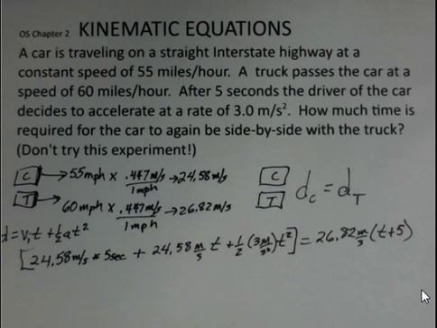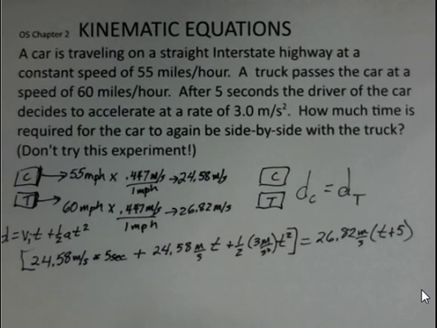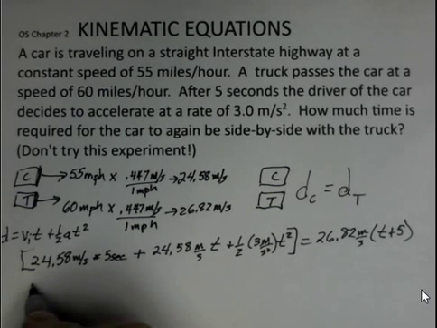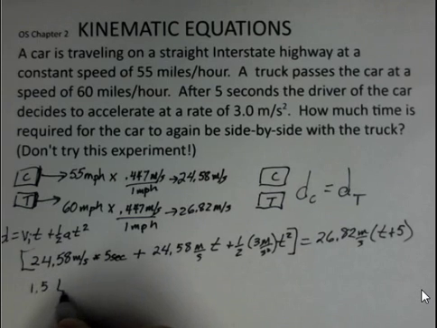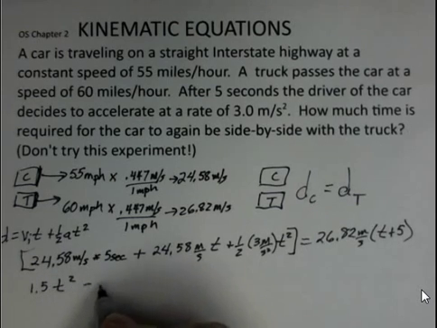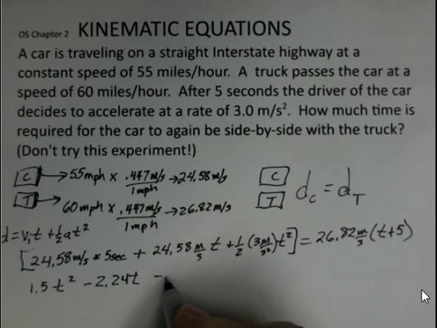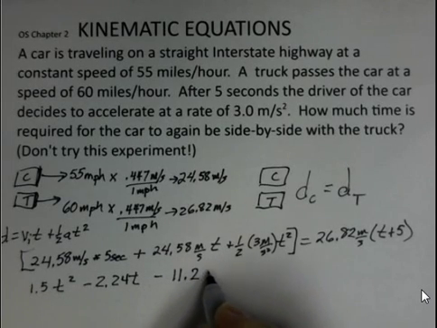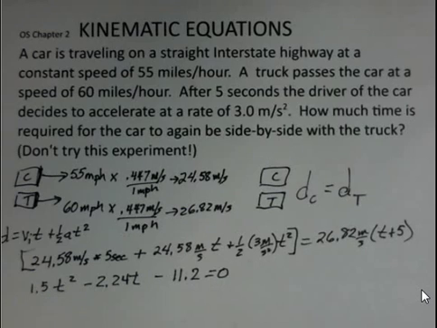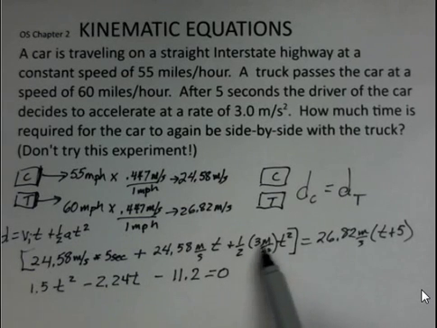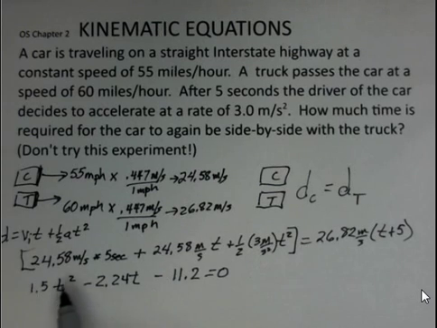So welcome back, and what I ended up with is 1.5 t squared minus 2.24 t minus 11.2 equals 0. And that's accomplished, so 1/2 of 3, that's the 1.5 coefficient.